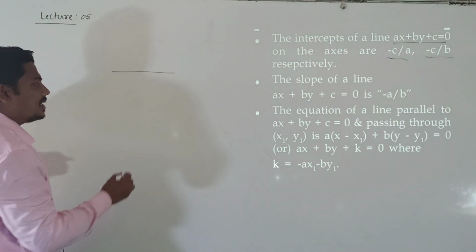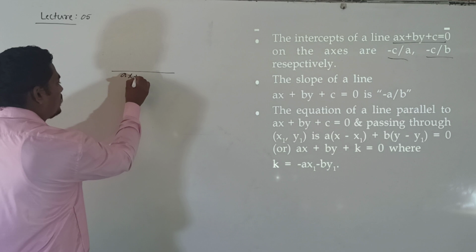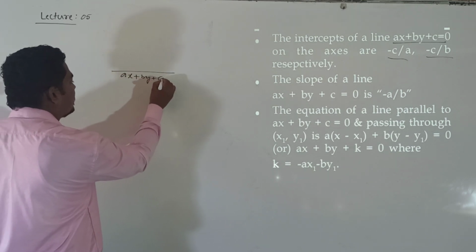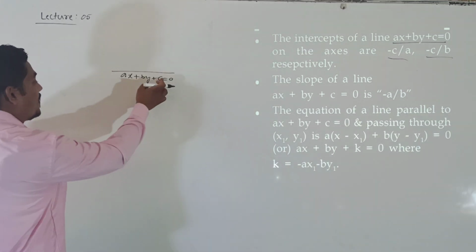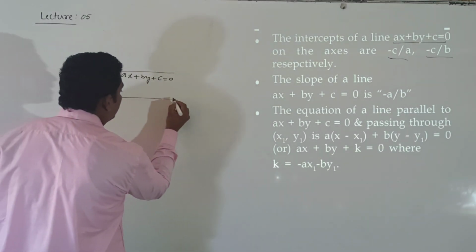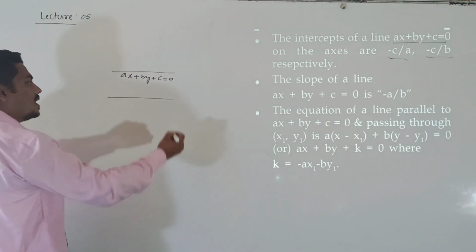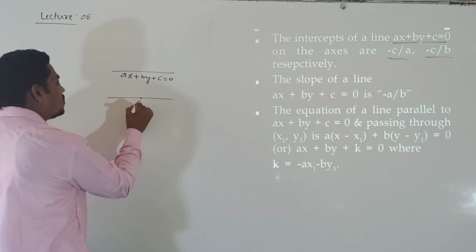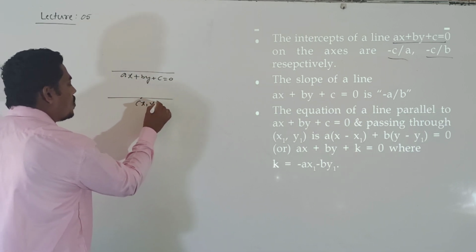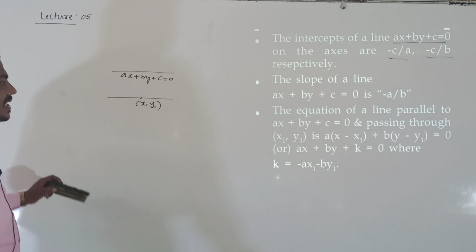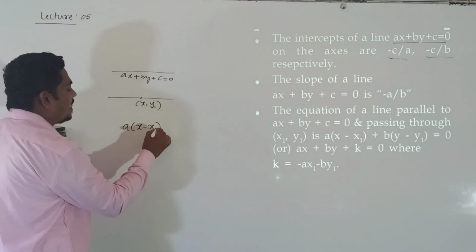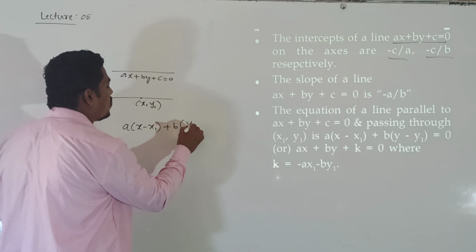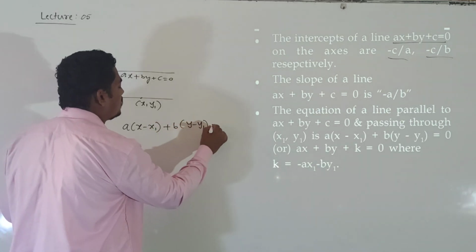One line is given, its equation is ax plus by plus c equal to 0, and find the equation of the line which is parallel to this line and passing through the point (x1, y1). Then its equation is a into (x minus x1) plus b into (y minus y1) equal to 0.